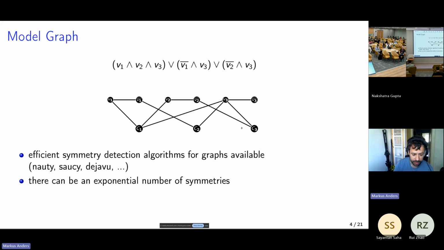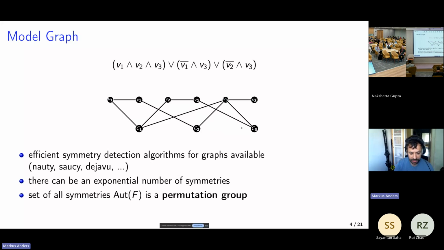And second of all, or maybe more importantly, the set of all the symmetries, which I'm going to denote with Aut(F), actually forms a permutation group. This means that if you have two given symmetries, you can just compose them and get another symmetry. Composing just means first applying one symmetry, then the other one, and the resulting permutation will also be a symmetry.